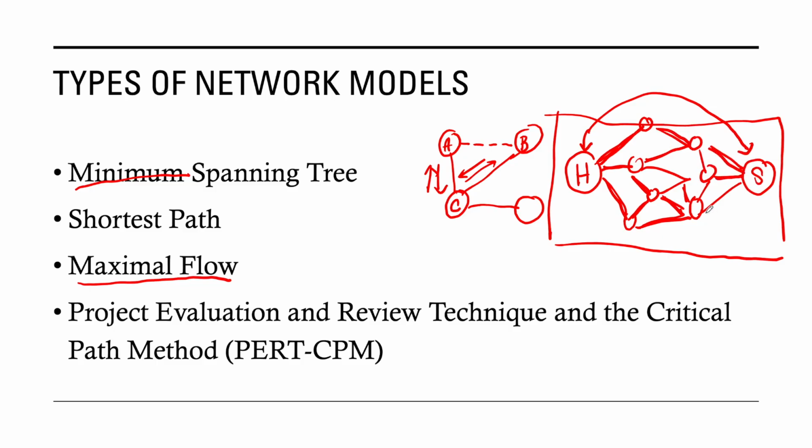And let us say you open a faucet in H, meaning you will let water flow from H, and in this case, let's say water flows from left to right, and the goal is for us to determine how much water will end up in S. And that is why the model is called maximal flow, because we are trying to look for the maximum amount of flow from an origin to a destination.